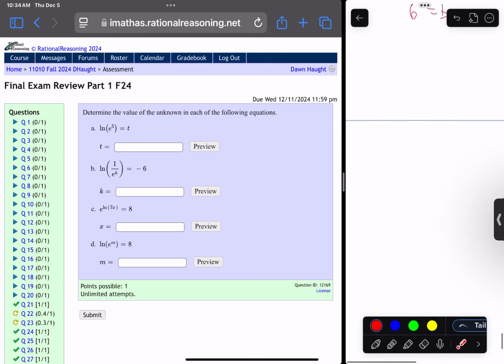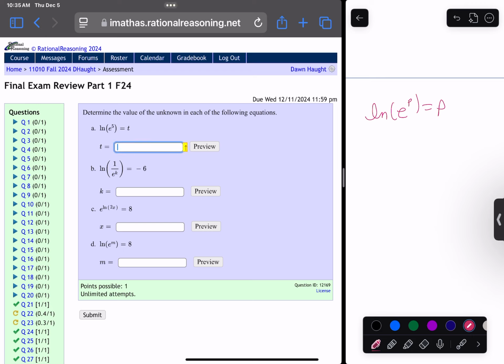Here, they are using some things about logarithms and e's. So here's some other rules you want to write down. The logarithm of e to any power is just going to equal the power. So in A, that would simplify down to a 5. It's just going to simplify down to the power.